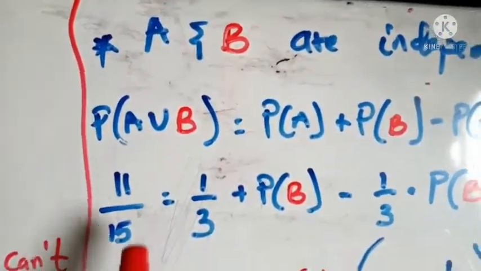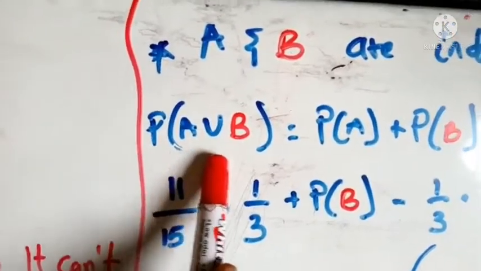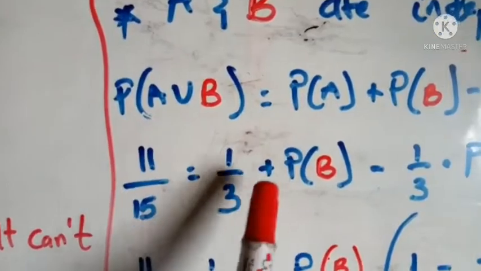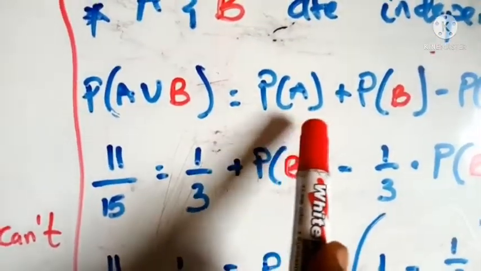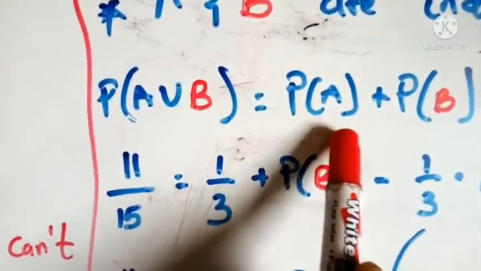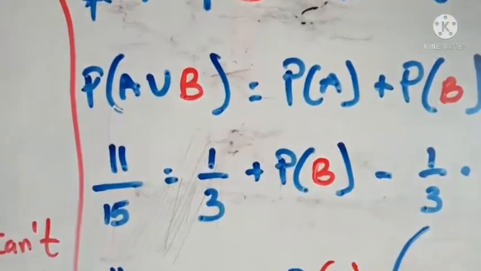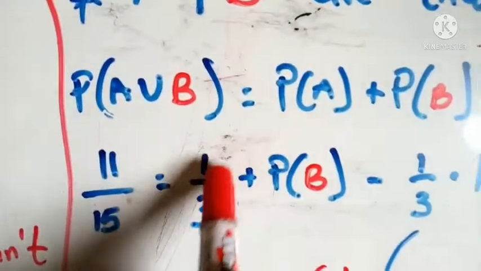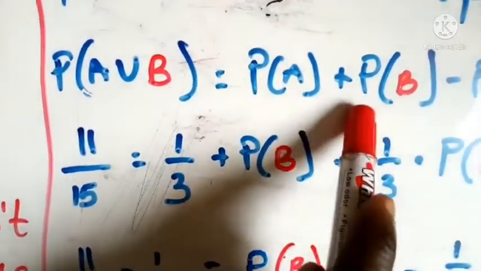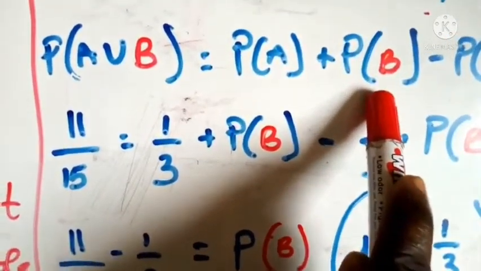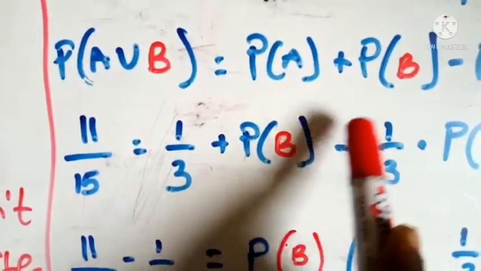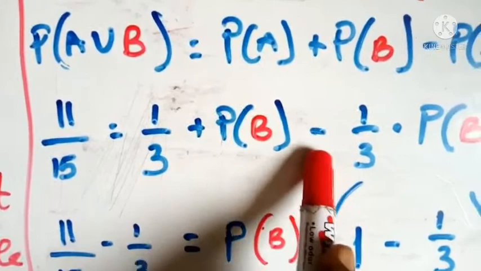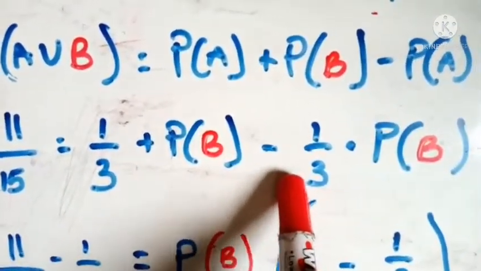You just need to replace. We have been given this in the question, that's 11/15. And then what is P of A? The chance that the first event will happen, or the chance that you watch a novella today, is 1/3. We are given that, plus the chance that the second event will happen, which we are not given. So we maintain that.